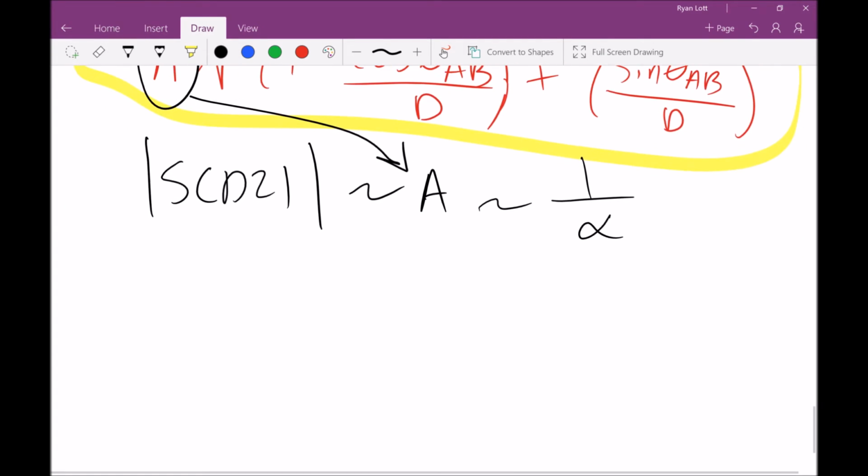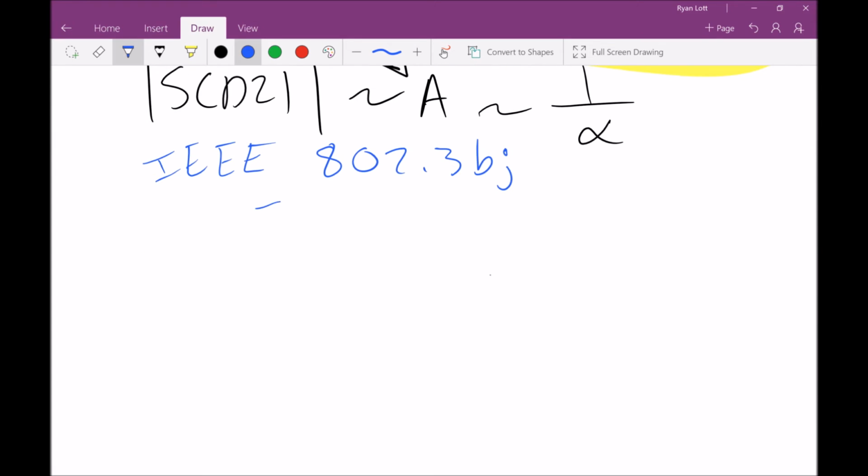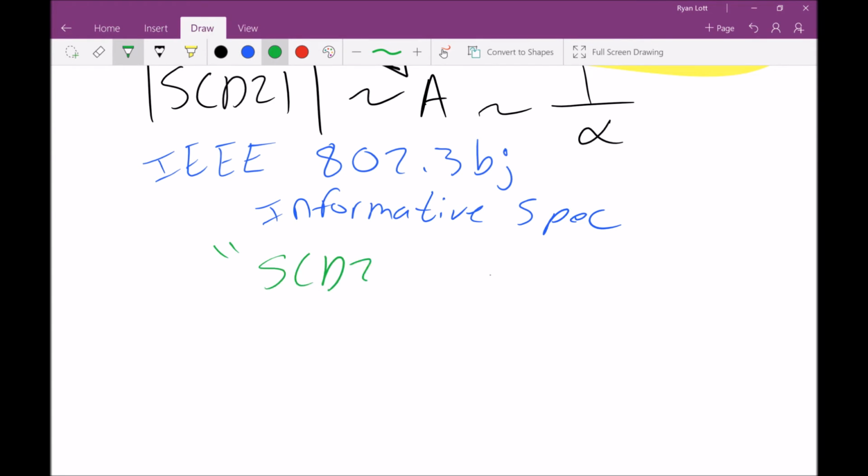This is really important. In IEEE 802.3bj, there is what is called an informative spec, which means it's just a design guideline, called SCD21 minus SDD21.